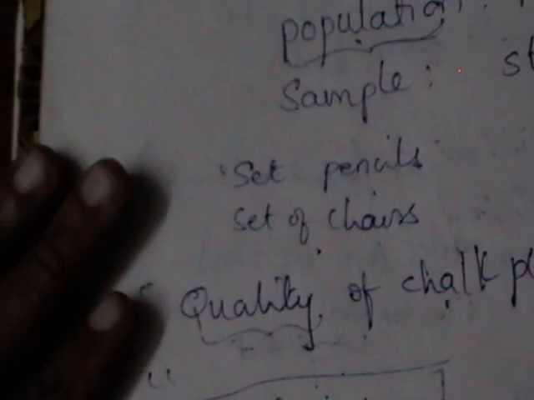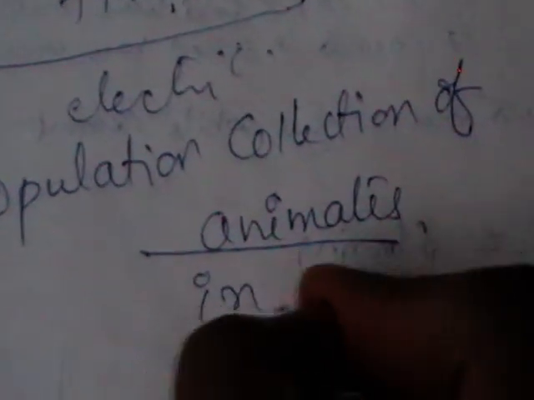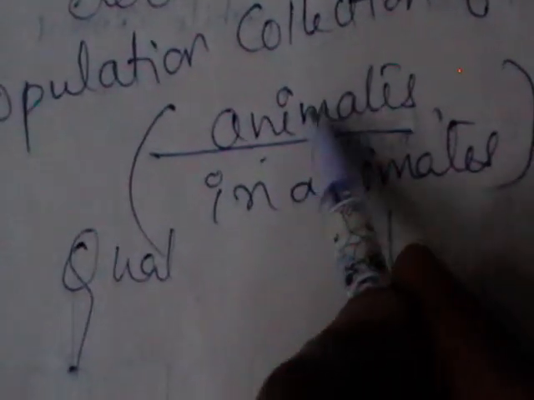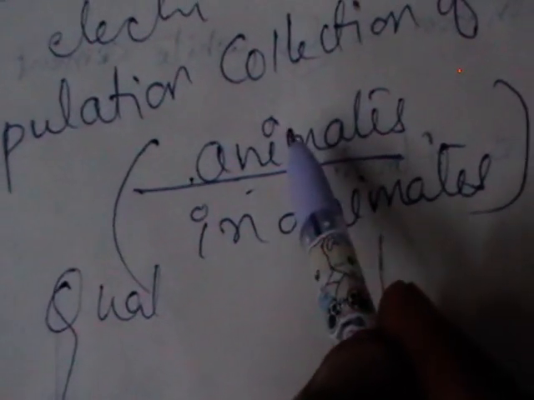Means we are defining the population as the collection of animates or inanimates. To arrive at a decision to use or to buy a particular one, you should check the quality of the individual, all the individual units in the population.